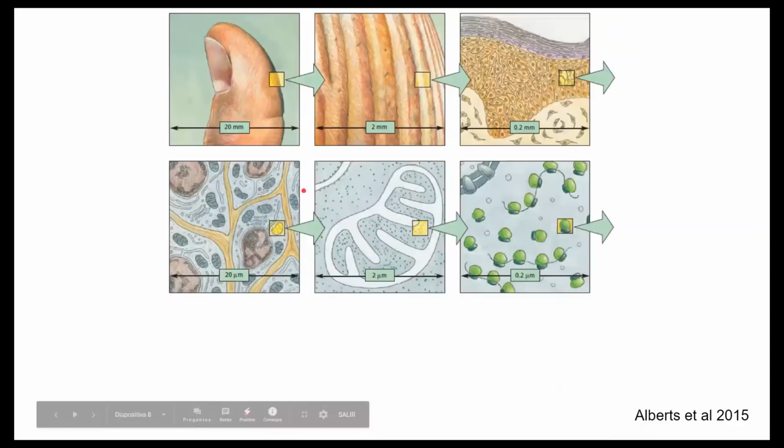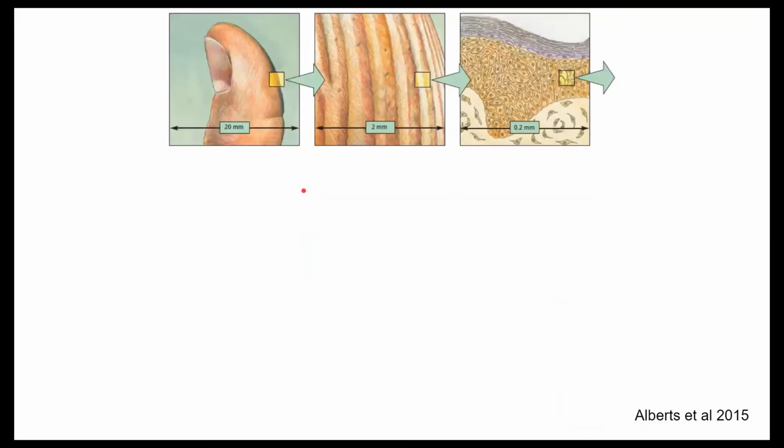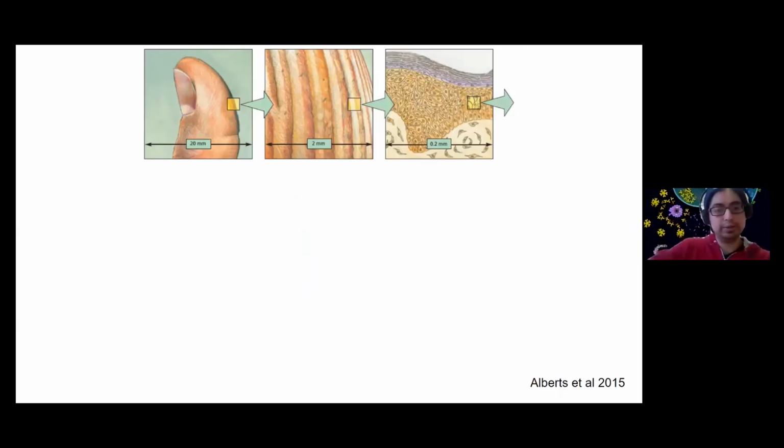But to understand all these advancements, we want to start understanding what is a cell, how does it transcribe its genes, how does it store the information, and also what's its spatial location. So we are talking about, in a finger, this width of 20 millimeters, but if you go just a tenth of that, you can start seeing this structure in the finger.